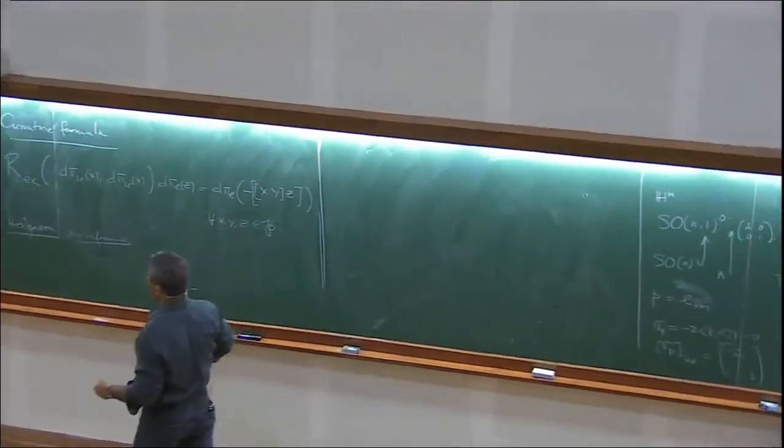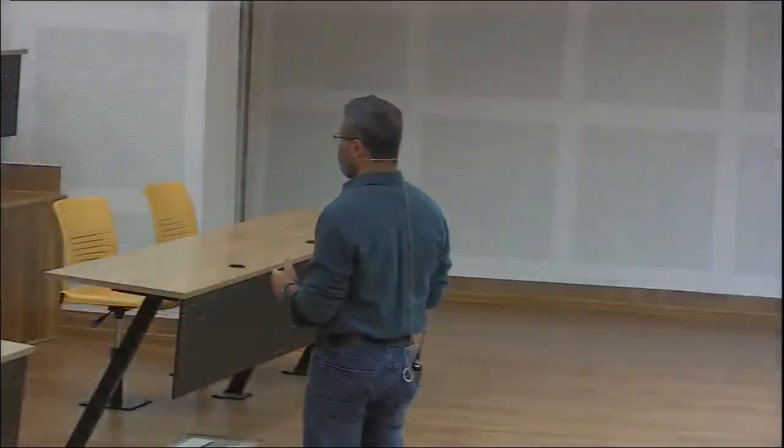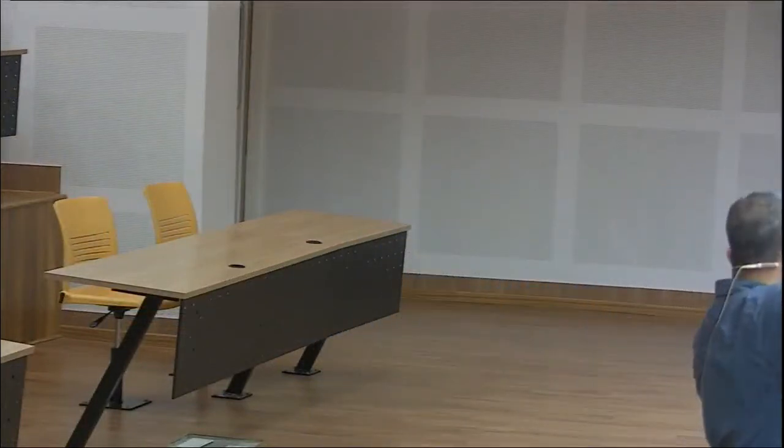Similarly, for classifying symmetric spaces, there is an algebraic category called orthogonal involutive Lie algebras. So what are orthogonal involutive Lie algebras?